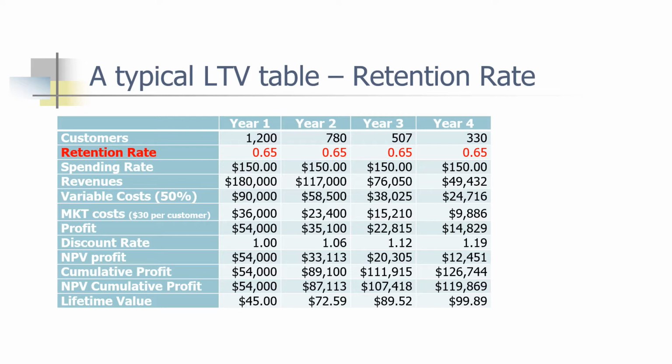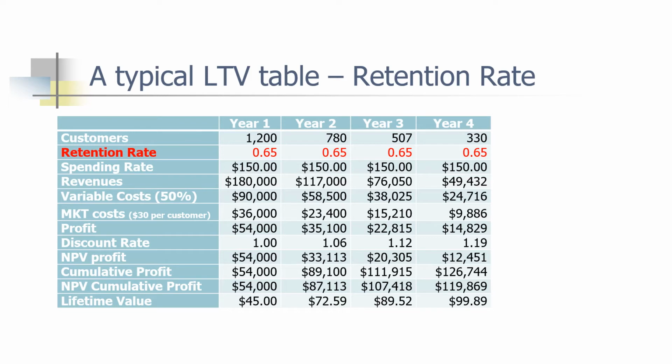Now notice how we've made this calculation from year to year. If you take 1,200 customers from this year and you multiply that number by 0.65 or 65%, you'll get 780 customers. And then if you multiply 780 customers by 0.65, you'll get 507 customers.